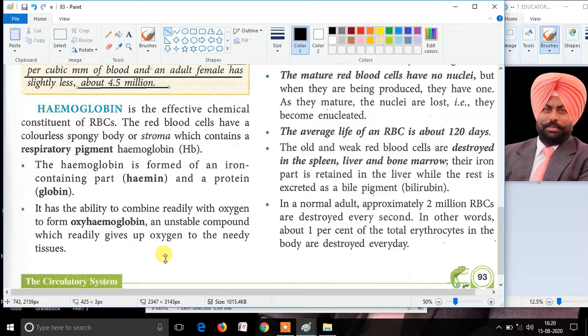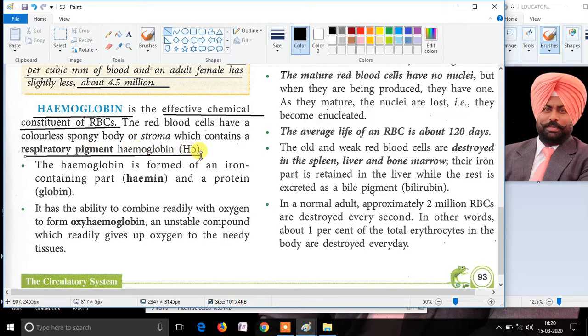Moving on further, let's study hemoglobin. In our last video, we studied the pigment called hemoglobin. This is a pigment which carries oxygen and carbon dioxide in blood. Hemoglobin is an effective chemical constituent of red blood cells, and it is known as the respiratory pigment.